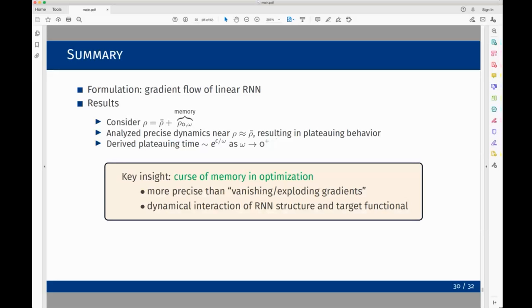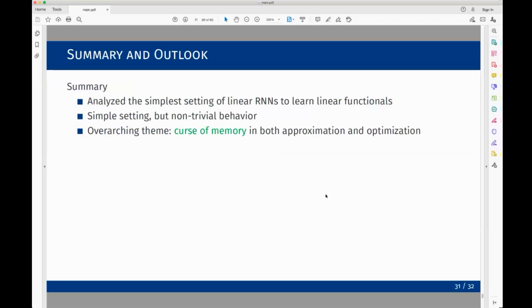This is, of course, more precise than the vanishing gradient or the exploding gradient, and it reveals the dynamical interaction between the recurrent neural structure and the target function. Okay, so the summary of the whole work is that although we analyze the recurrent neural network in a simplified setting, our result is quite non-trivial.